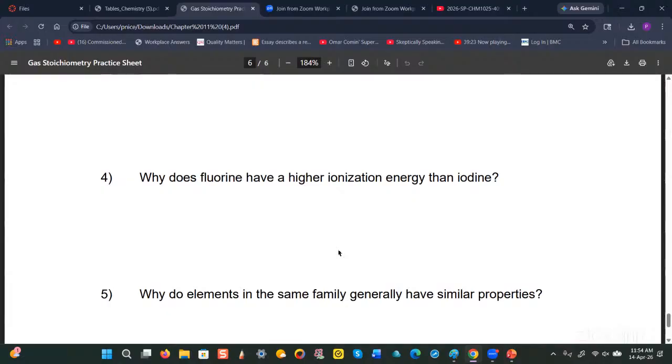Exactly, there will be a stronger attraction between the valence electron and the nucleus because the electron is closer to the nucleus. In the case of fluorine it's closer, in the case of iodine, it's further away. So it's harder to remove the electron from the fluorine compared to the iodine. That's the reason why fluorine has a higher ionization energy compared to iodine.